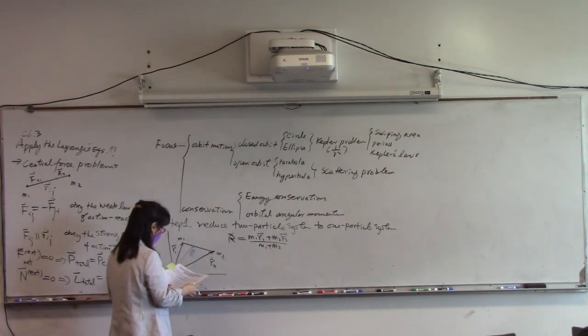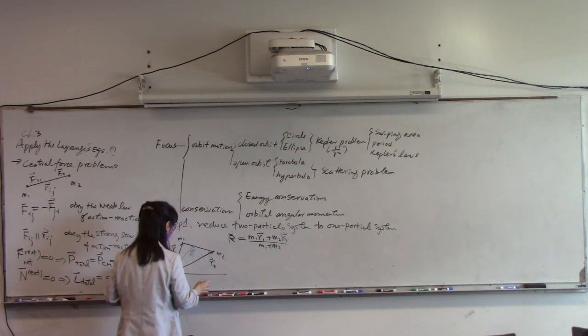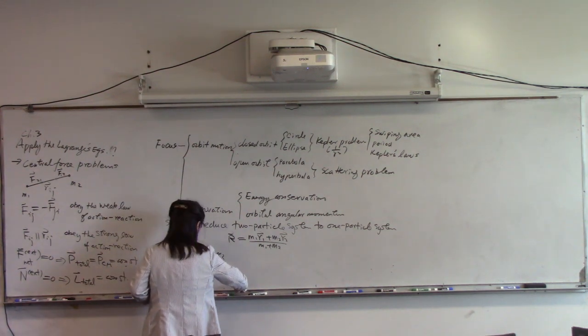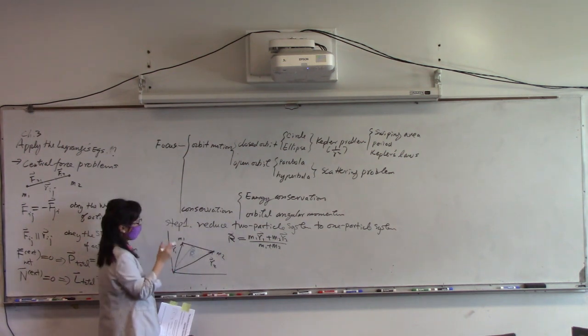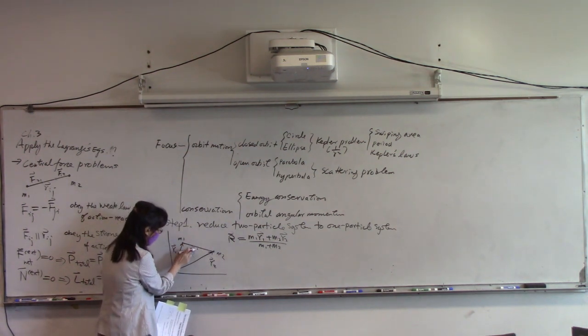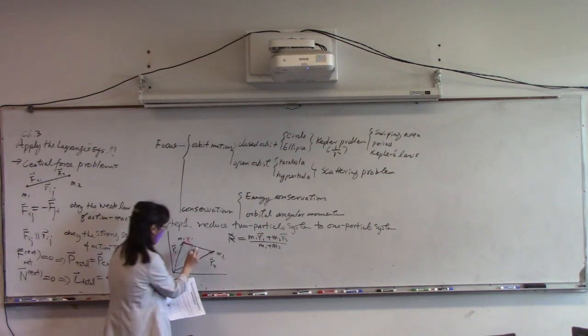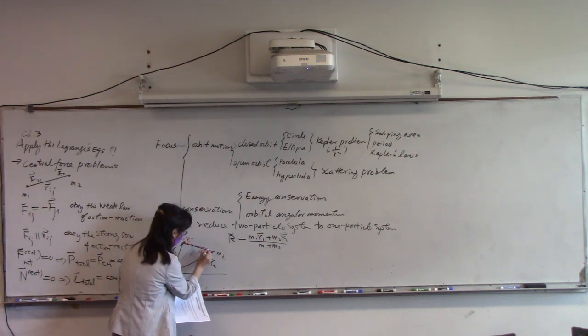Okay, so if we introduce the center of mass, now I'm also going to take the position of M1 with respect to capital R. I'm going to use R1 prime, and then from the center of mass point to M2 is R2 prime.